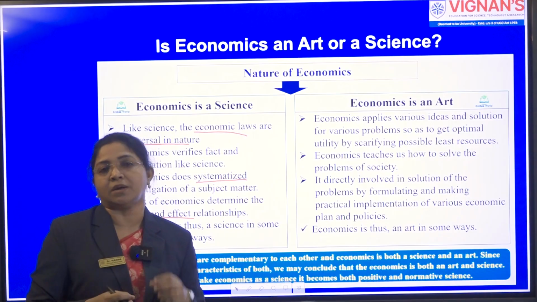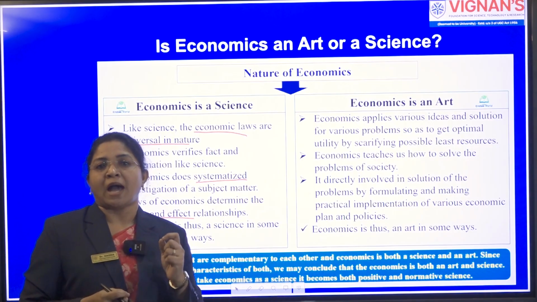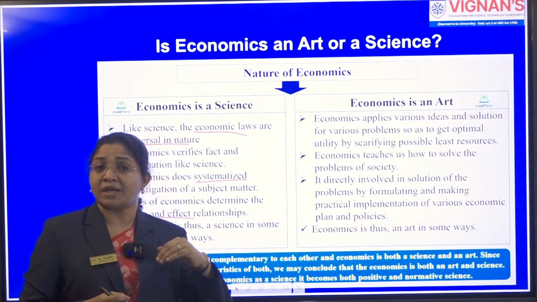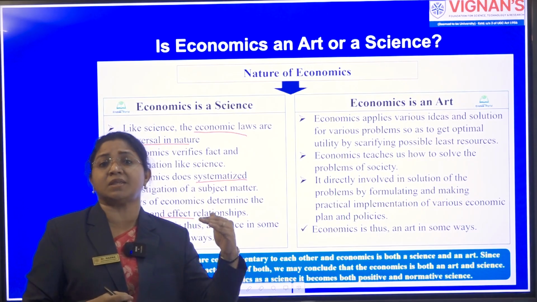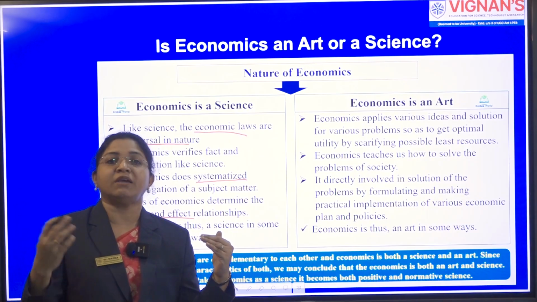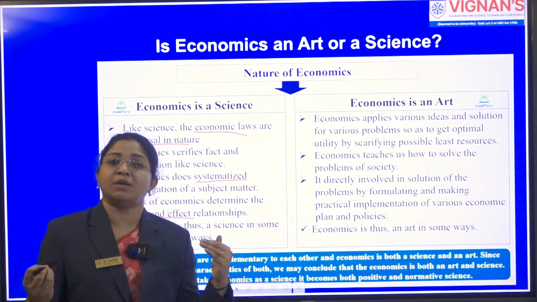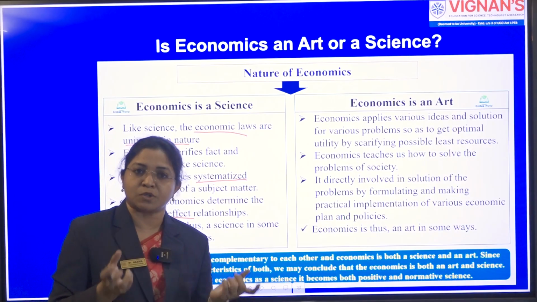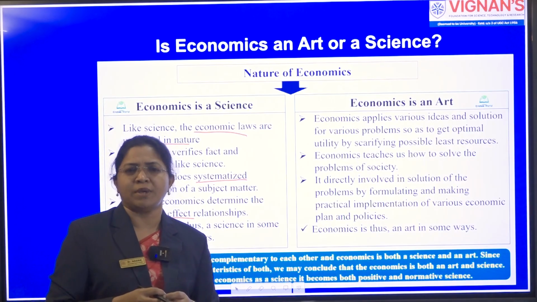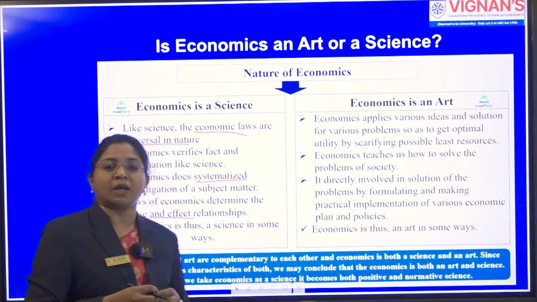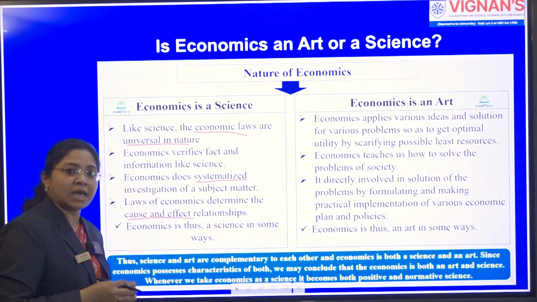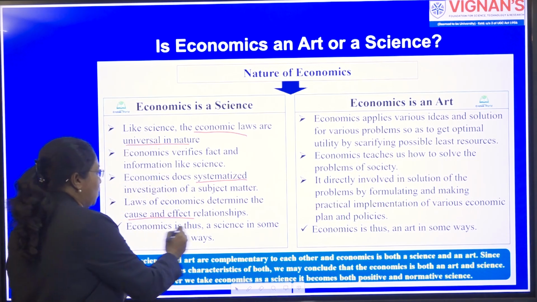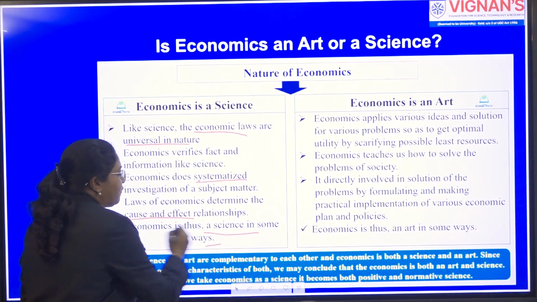In the same manner, in economics, as the price increases, the increase in the price is the cause and the effect is the reduction in the demand for that particular product. So, the cause and effect relationships are also explained in economics. That is one reason that economics could be called a science. So, economics is a science in some ways.